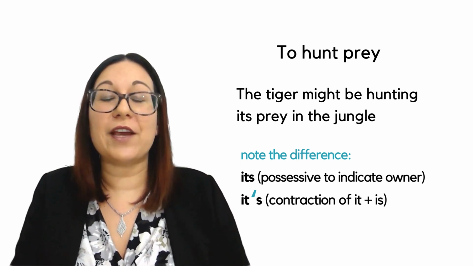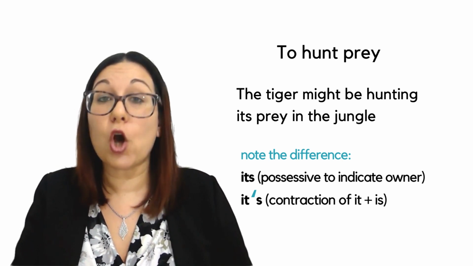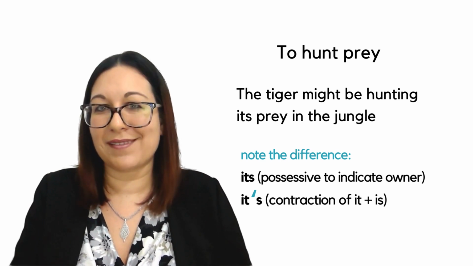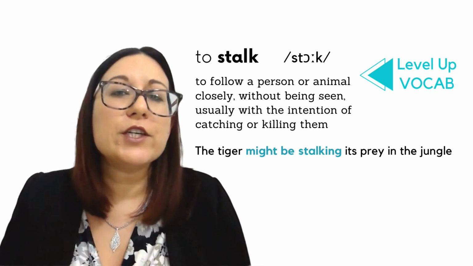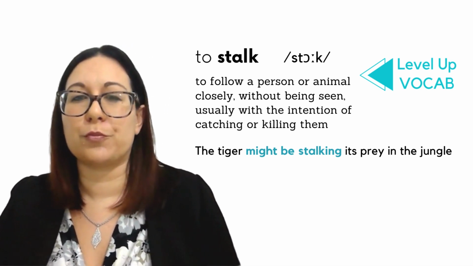So now we have got two lovely example sentences with topic-specific vocabulary and appropriate modals. If you wanted to level this up even further, we could use the verb to stalk prey.